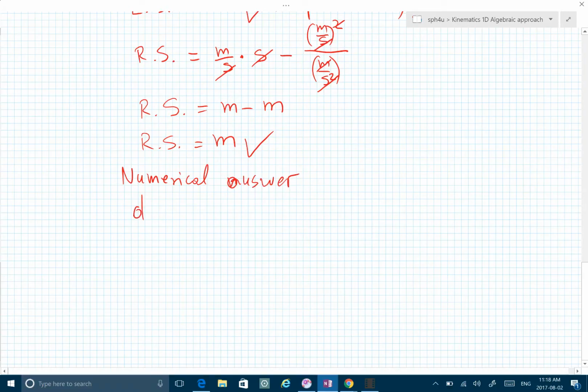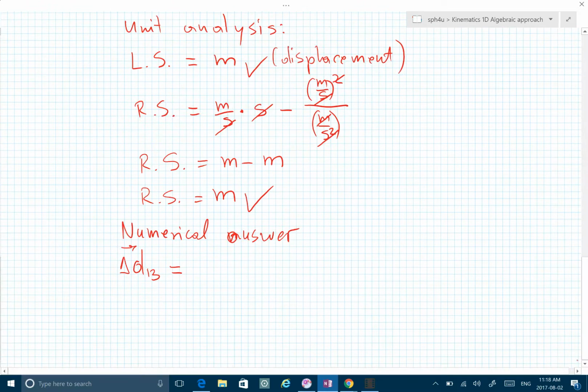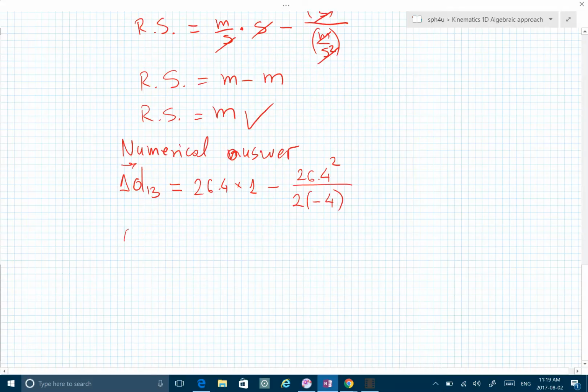And I have delta d from 1 to 3 is, the velocity is 26.4. So 26.4 times 1 minus 26.4 squared divided by 2 times negative 4. All right. We plug in things into our calculator.